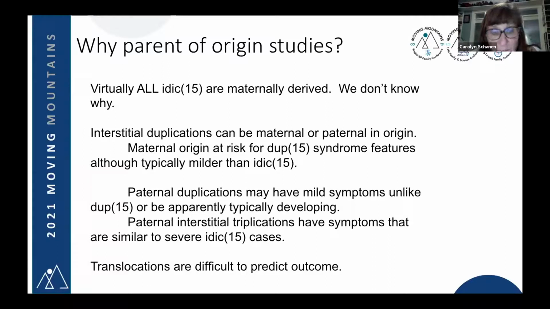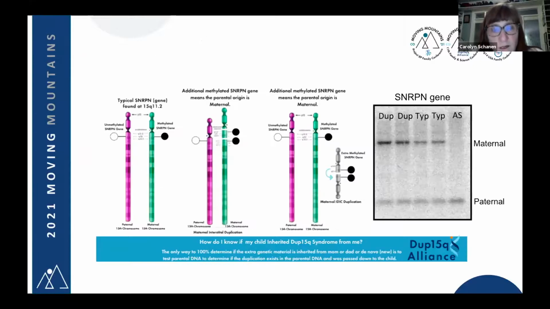And then lastly, we had one patient who had a paternal translocation who had pretty interesting symptoms that sort of overlapped with Dup15. And so again, it's hard to predict what the outcome is going to be if you start rearranging within this region.